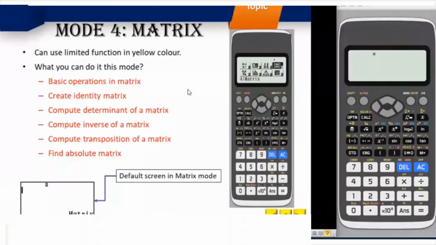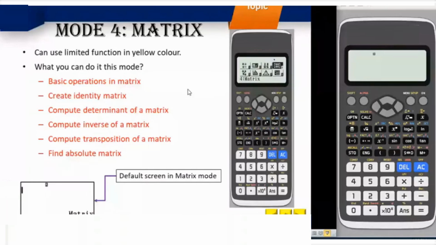Mode 4 is matrix, and you can use matrix functions for basic operations, identity matrix, determinant of a matrix, inverse of a matrix, transposition of a matrix, and find absolute matrix. That is all these things that we covered in matrix mode.